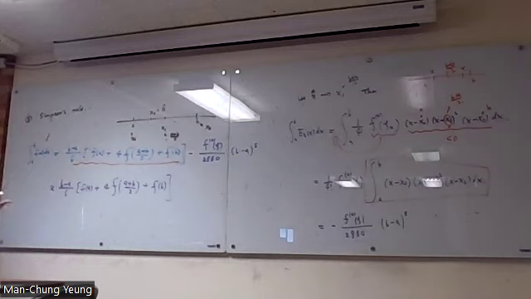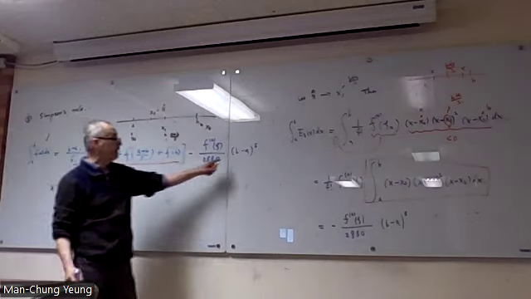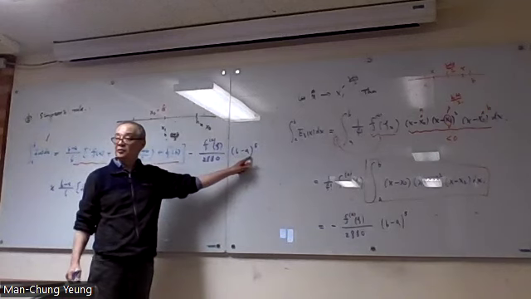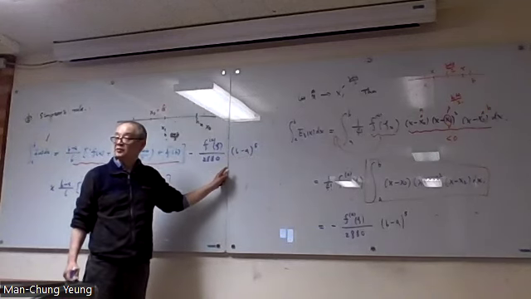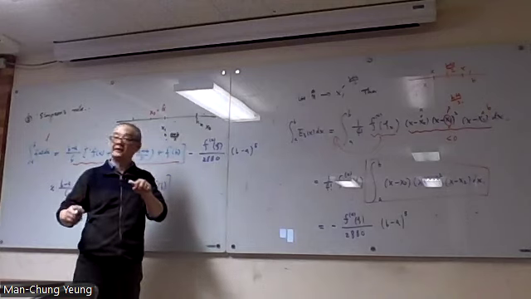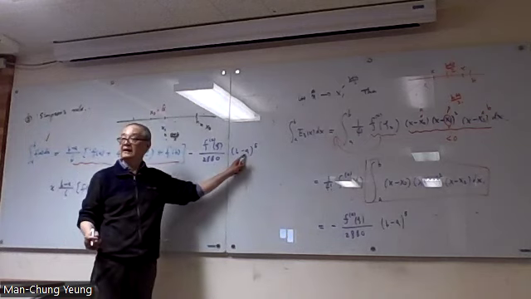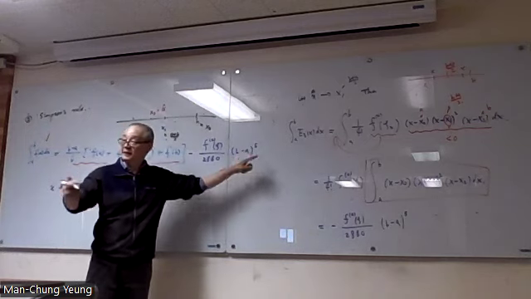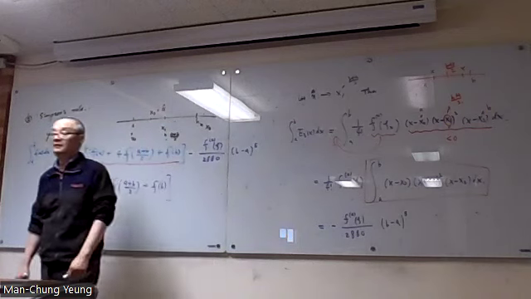Same with trapezoid rule: when the interval AB is large, the error is large. Say the interval is 0 to 100, then B minus A is 100. 100 to the fifth, very large error.